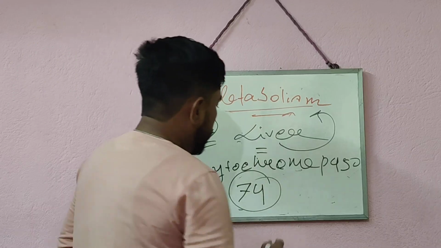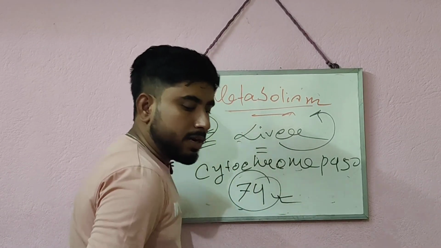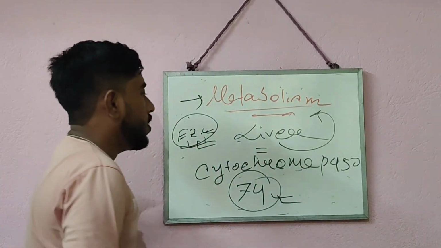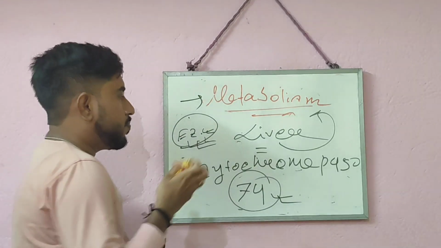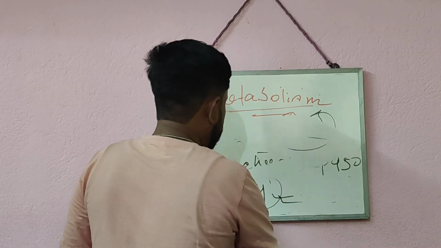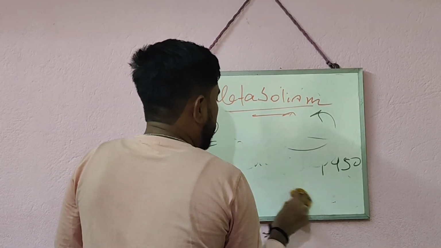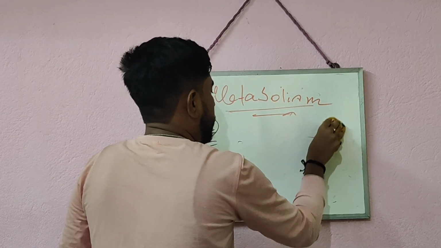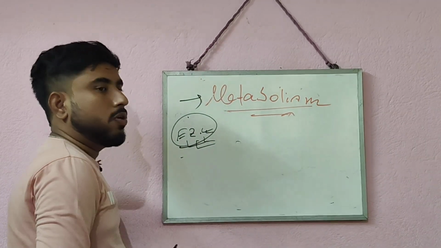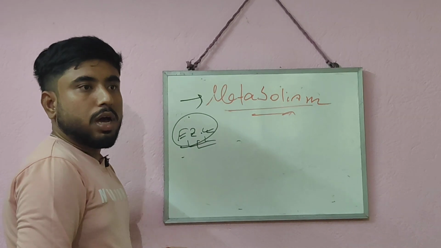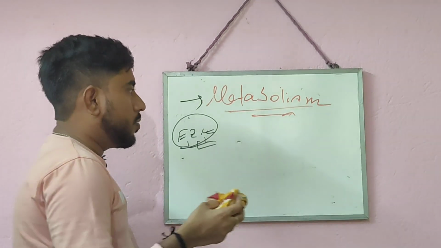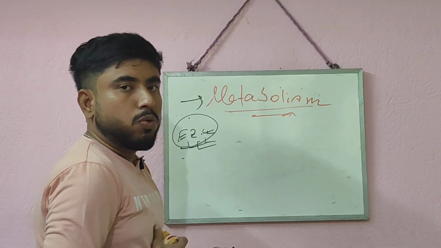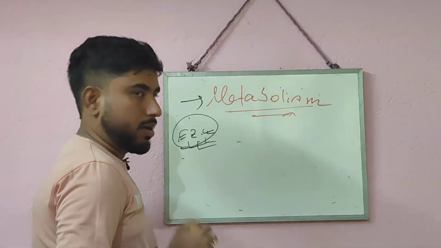So there are 74, but out of that 74, generally 3 types of cytochrome P450 are mainly responsible for the metabolism of the drug, and they are named according to the location where the enzyme is present in the liver.